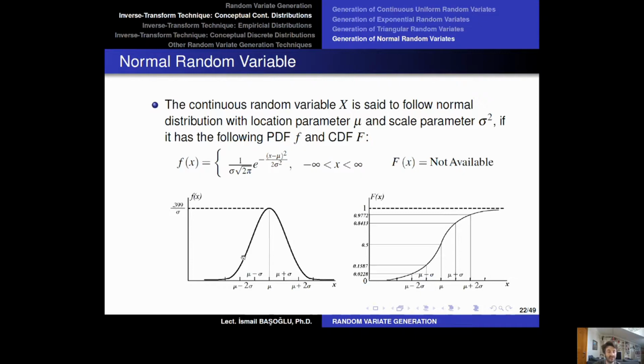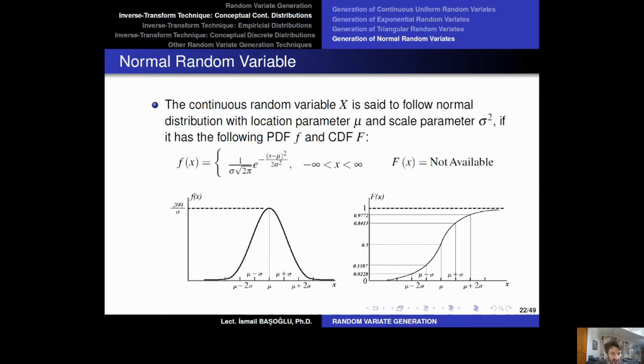However, because the tails converge so fast to zero, practically a normal random variable can take values within plus minus 6 sigma boundaries. So the sigma is called the standard deviation of the distribution, and mu is called the location parameter or the mean of the distribution. The PDF is symmetric around the mu value, and sigma basically determines the standard deviation.